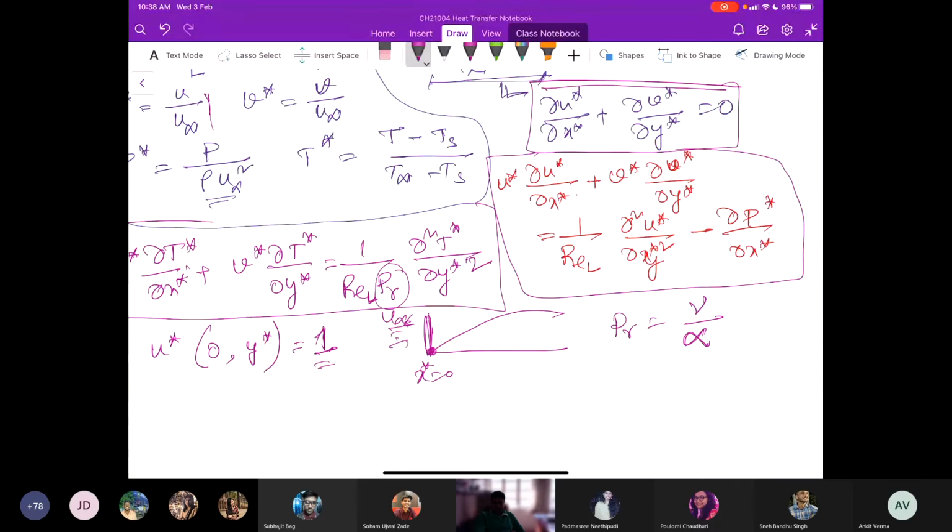okay, is that if we try to find out the functional form of friction, or say the friction factor, the friction coefficient, okay, what can you write?